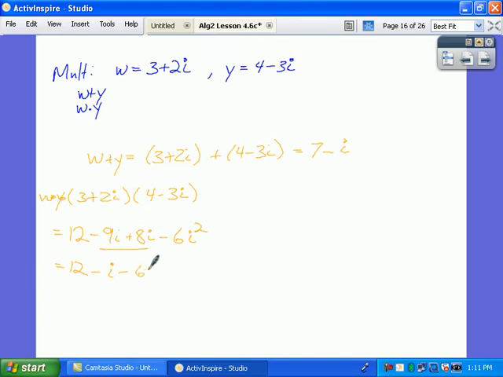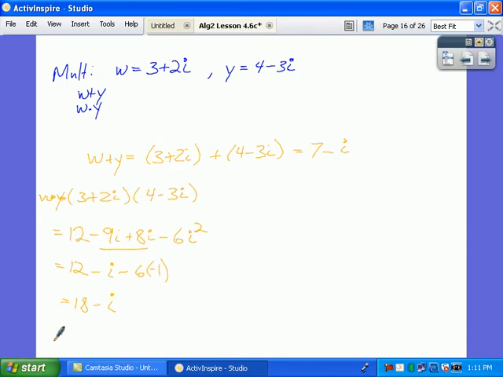And then we have minus 6 times negative 1. But of course, minus 6 times negative 1 is just positive 6. And so what we get is 12 plus 6, which is 18, and then minus i. So when we multiply these two, we get 18 minus i.